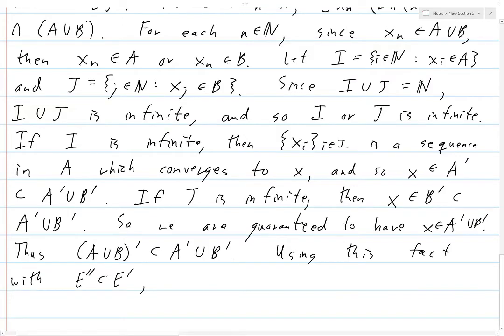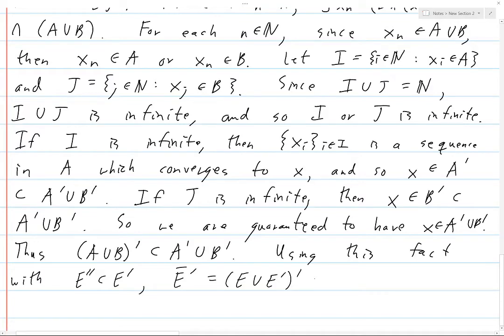So now what do we have? We have E closure prime is equal to, well, E closure is E union E prime. So it's E union E prime, prime. And using A equals E and B equals E prime, this is contained in E prime union E prime prime. But E prime prime is contained in E prime, and so this is contained in E prime union E prime.